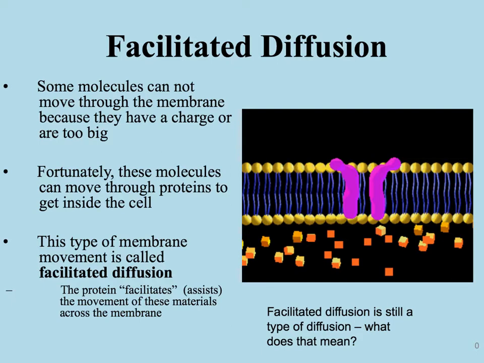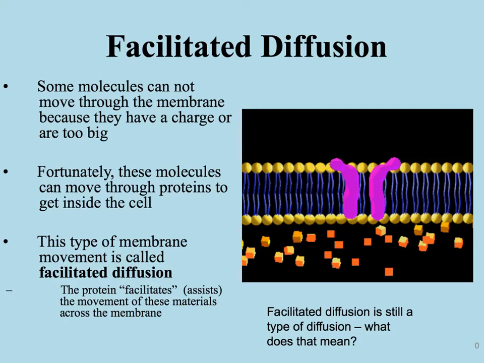Or if the particle carried a charge, it would need to go through a protein. Two examples of substances that move through the cell membrane in this way would be glucose, which is too big to move through the phospholipids, and water. Remember, water is a polar molecule, so it does carry a charge, so it cannot go through the phospholipid layer and must go through a protein in order to get through the cell.